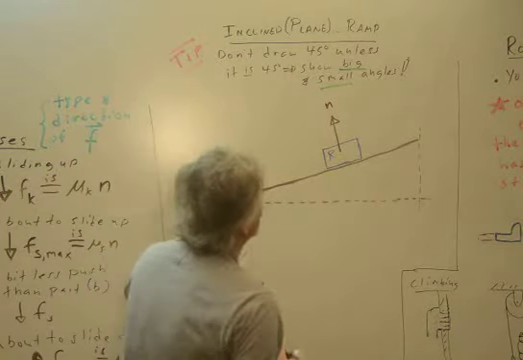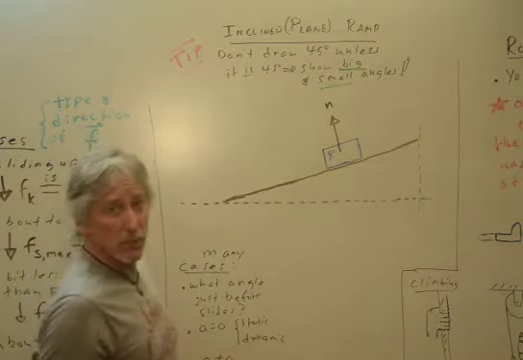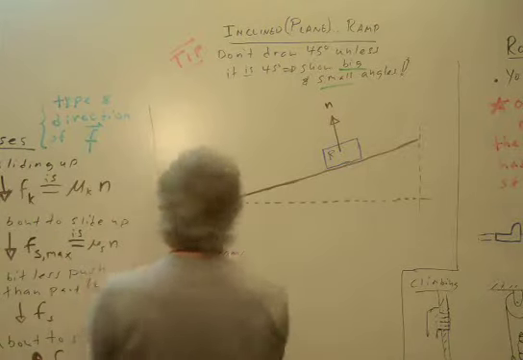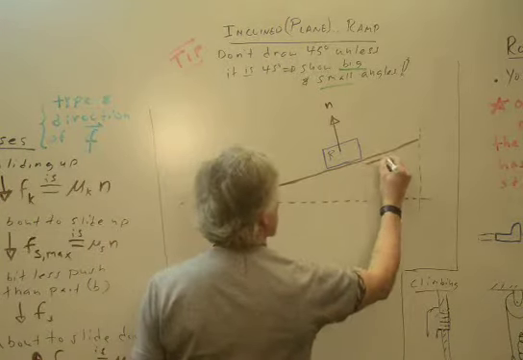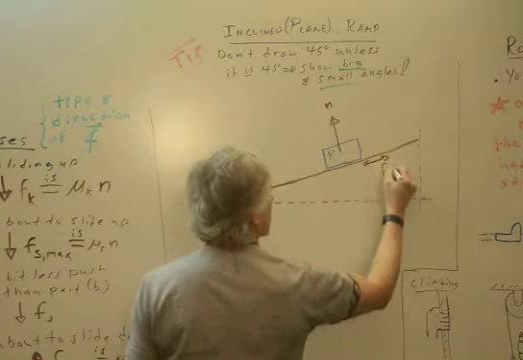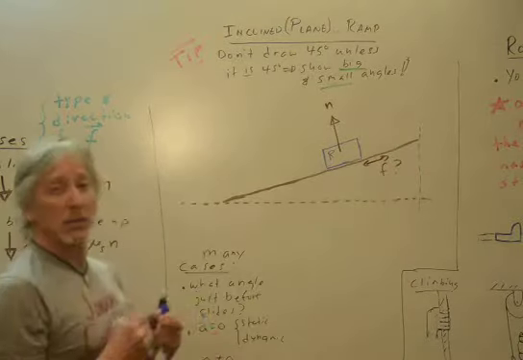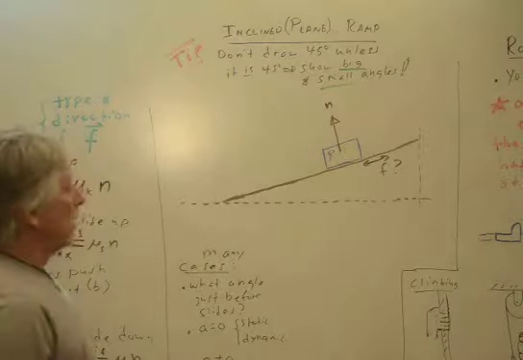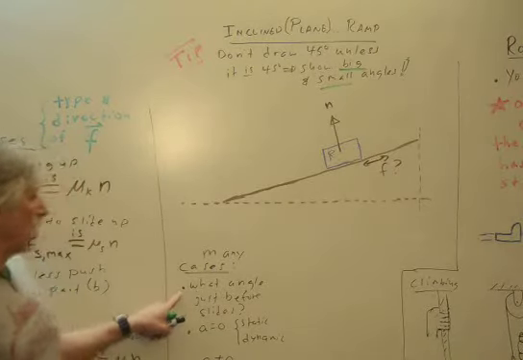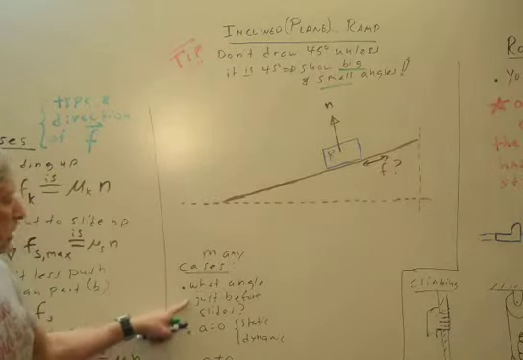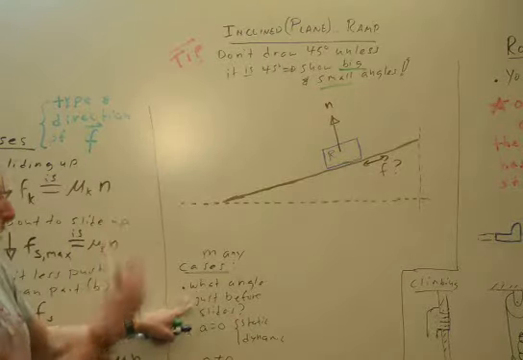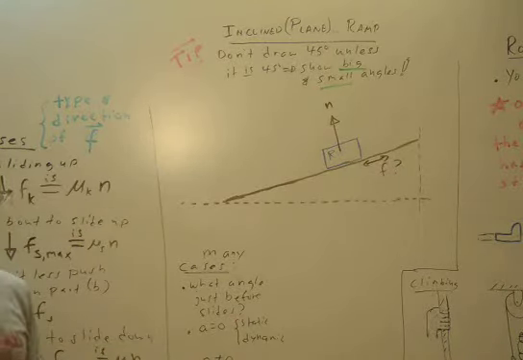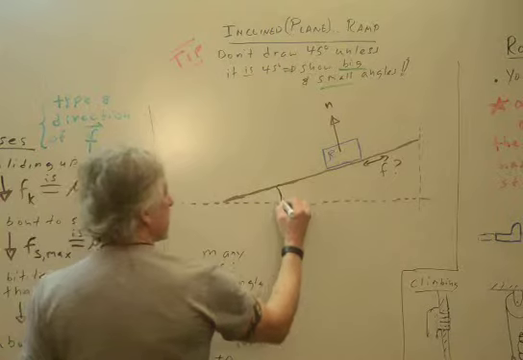And then I've got friction, possibly. Now again, it's a little tricky, as we said before. Is the friction this way or this way? Friction, and what kind? So it depends on the cases. There's a lot of cases that you have. One case would be, at what angle can you incline it just before it slides? What angle is it just before it slides?